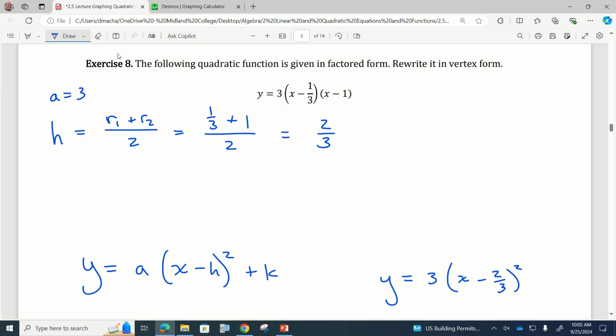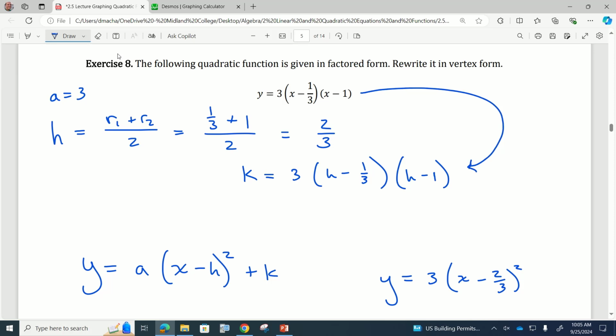And the last thing I need to do is find k. There's not a special formula for k. You just take your original function and you plug in x equals h, and then that makes y equal to your y coordinate of the vertex. And then this is 3 times 2/3 minus 1/3, which is 1/3.